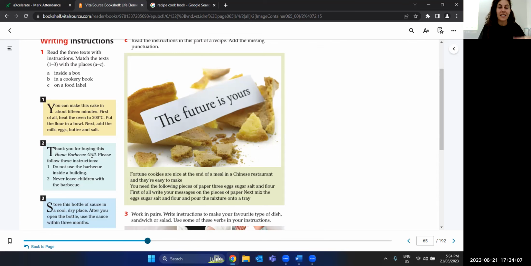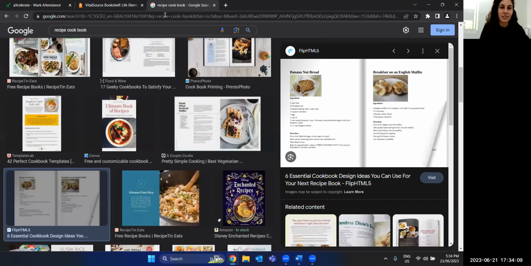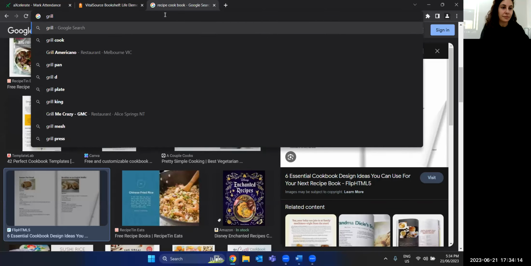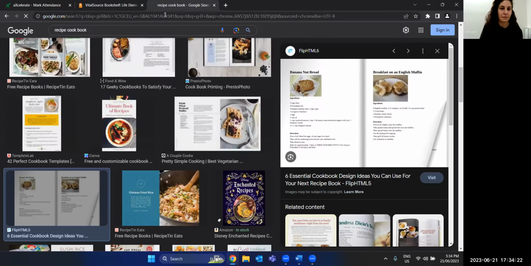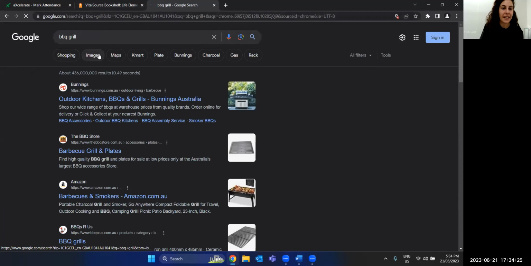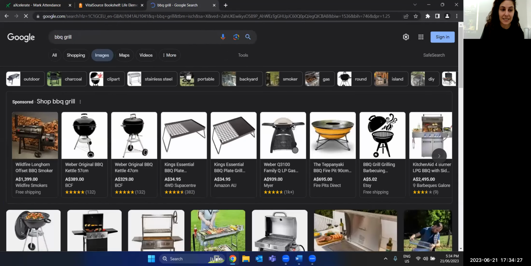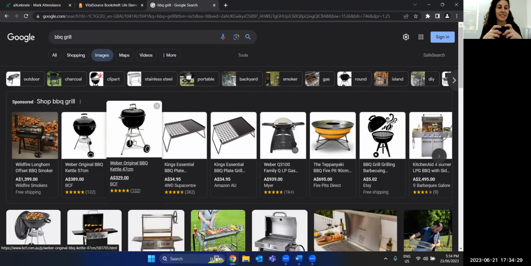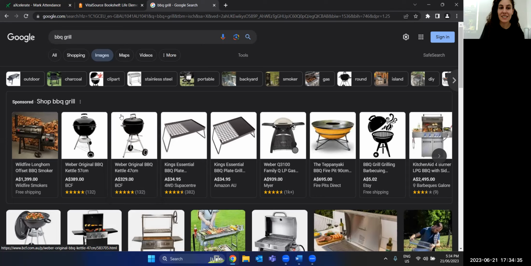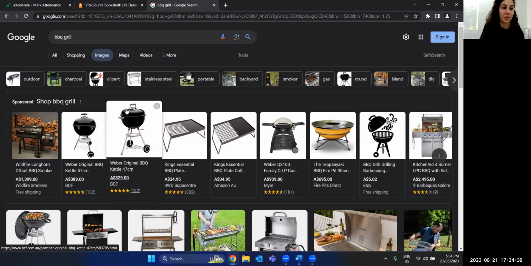It's in the box. So somebody has bought a grill, a barbecue grill. So somebody has bought this, but it's in the box. There's a note. There's a little letter.